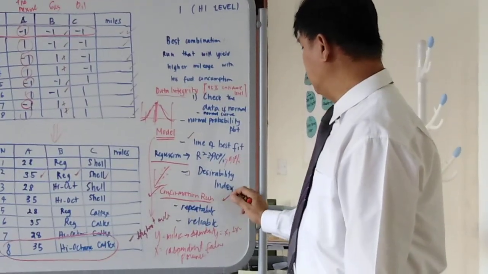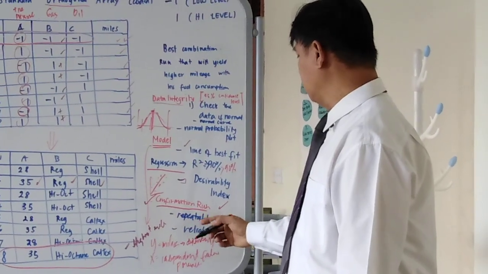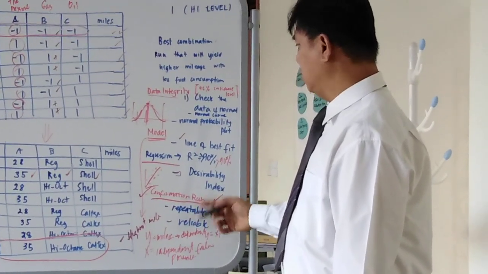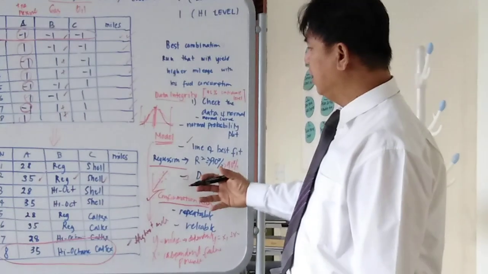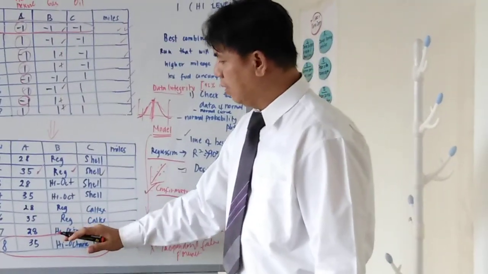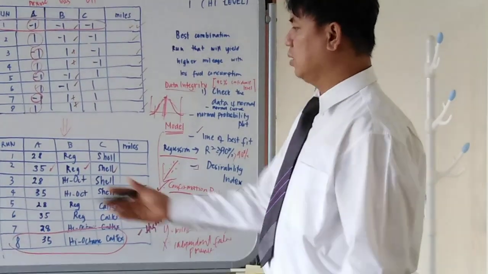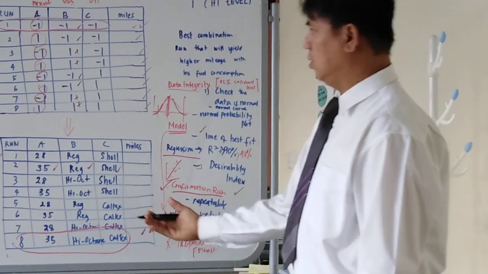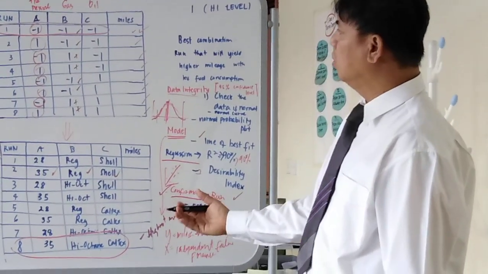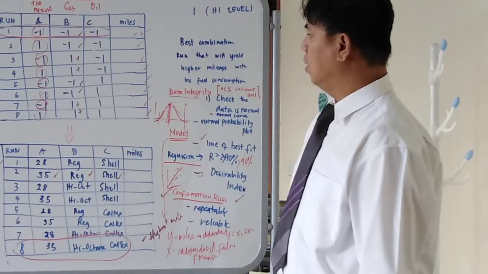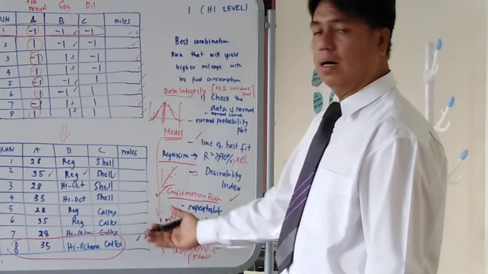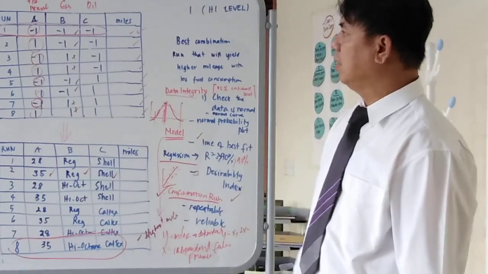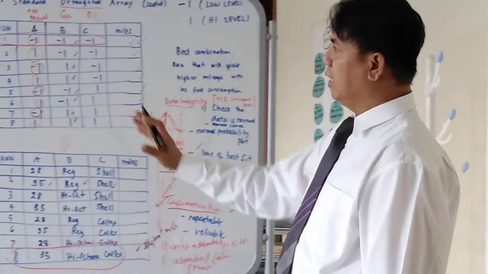So the purpose of confirmation is that it should be repeatable and reliable. After that, we can confirm with the actual car, and then we can suggest to the management or to the group that this is the result of our experiment. So I think that's all for it.